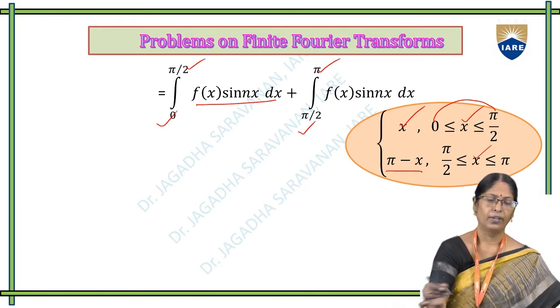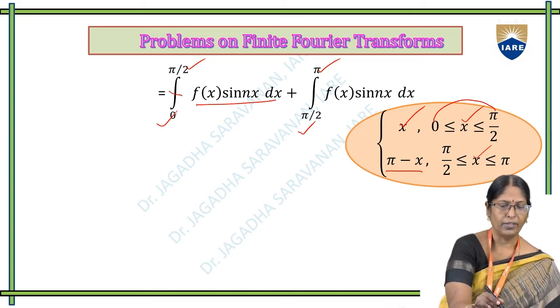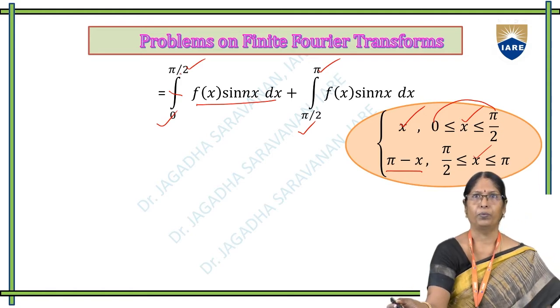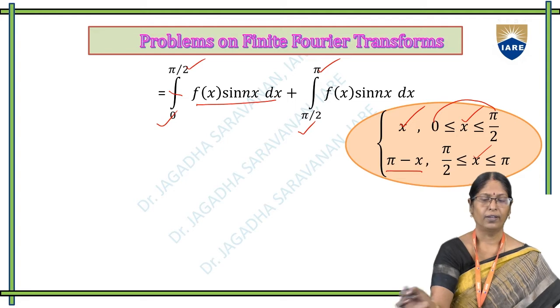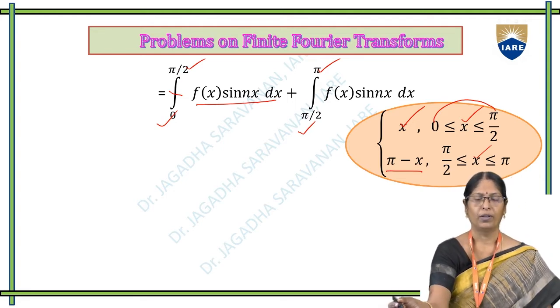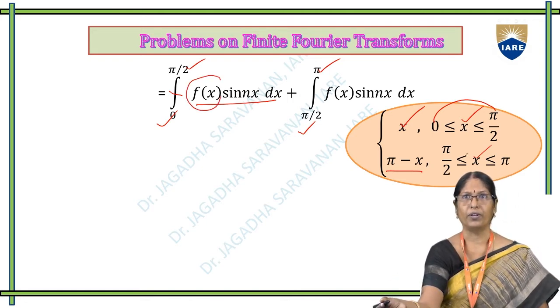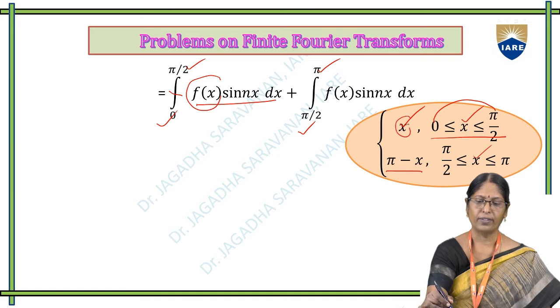How to read this? Mathematically, this integral from 0 to pi by 2 means we are integrating with respect to x, where x lies between 0 to pi by 2. For that, what is our f of x? We search in our question, and it fits exactly this one, so f of x is x.